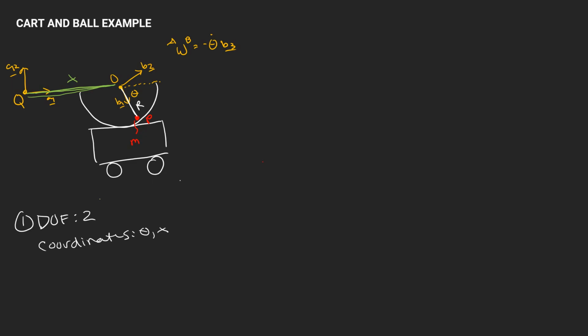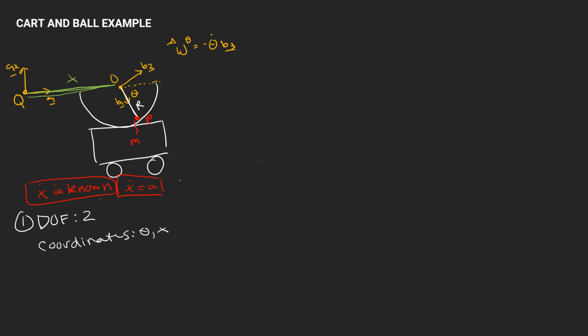However, one thing you should keep in mind is that in the problem statement, it says that x double dot is known. And in fact, we set x double dot equal to a. And so what you'll see is that eventually when we get to our equation of motion, typically if you have 2 degrees of freedom, you need 2 equations because you have 2 unknowns, 2 coordinates, x and theta.